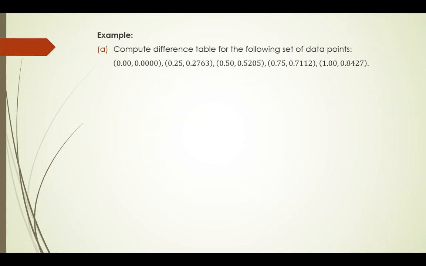You are given data points 0.00, 0.0000. So this is actually x naught and this is f naught. This is x1, this is f1. This is x2, this is f2. This is x3, this is f3. This is x4 and this is f4. So you need to construct a difference table, which is quite simple for you, how we could construct a difference table. That is the first part of this example.